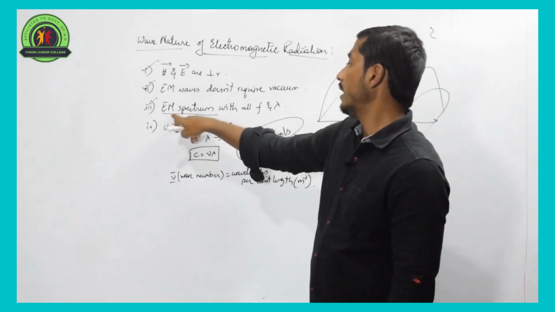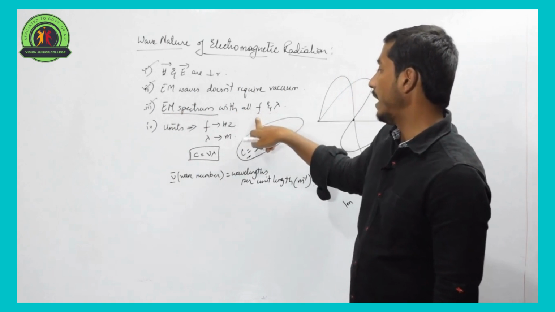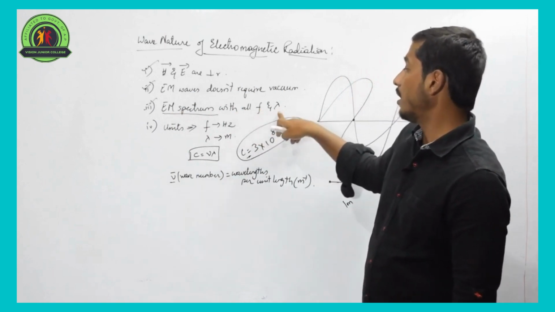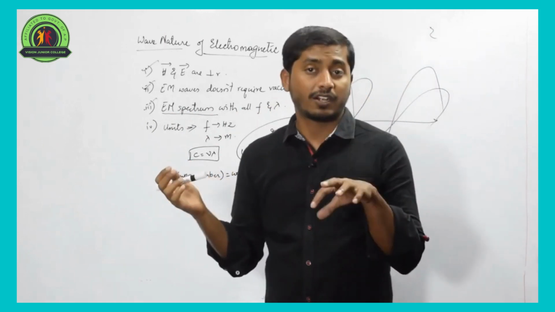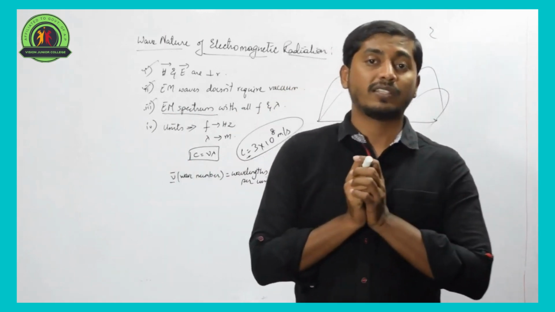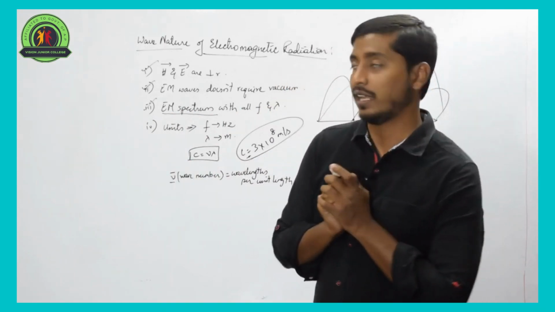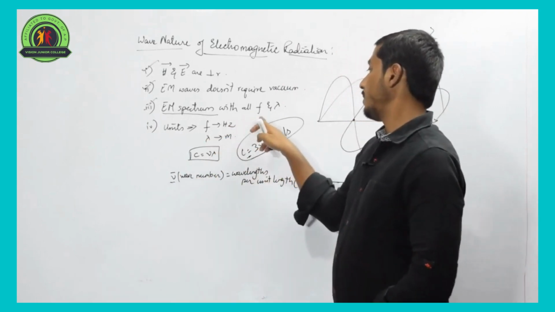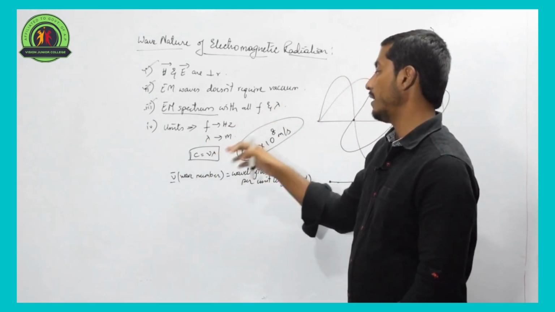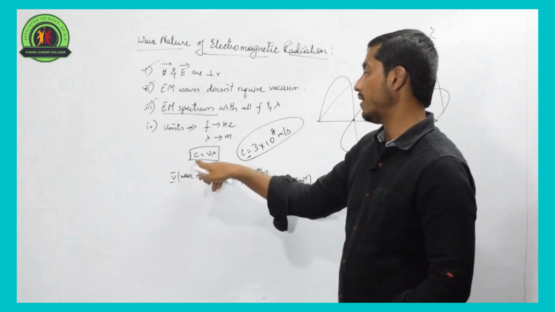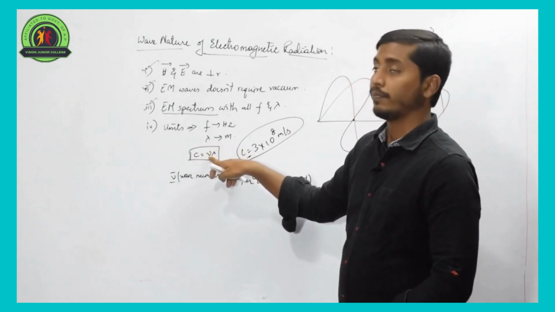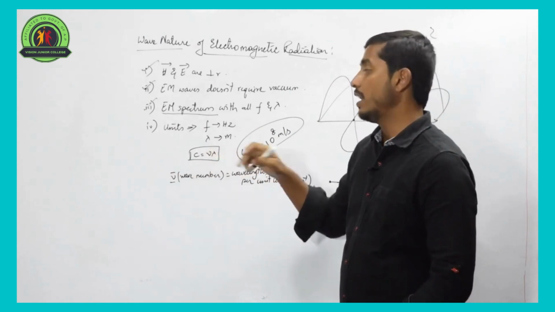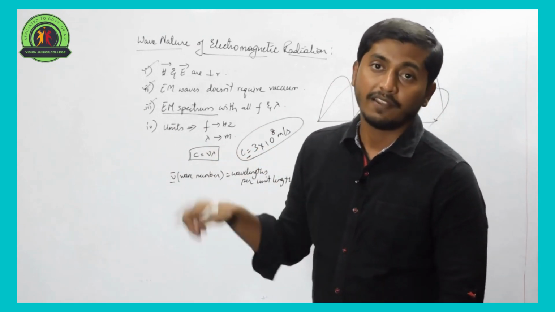Next, the EM spectrum will have either frequencies or wavelengths. What is an electromagnetic spectrum? It is a group of all frequencies of energies. And the relationship between frequency and wavelength is c equal to nu lambda, where c is the velocity of light in air, nu is the frequency of radiation and lambda is the wavelength of that particular wave.